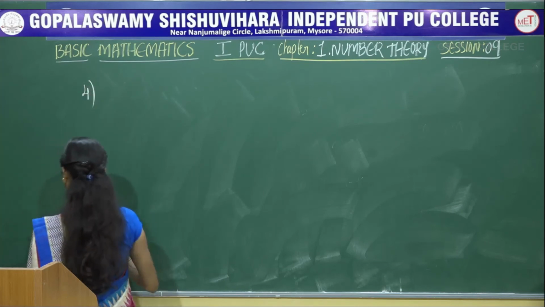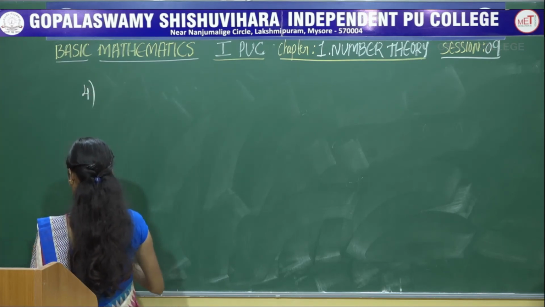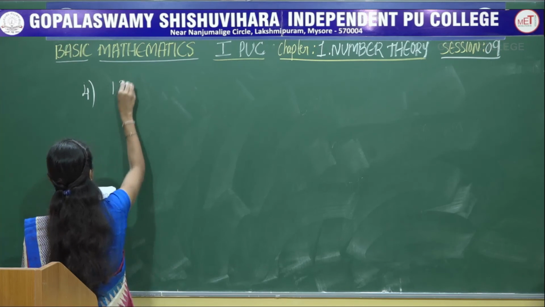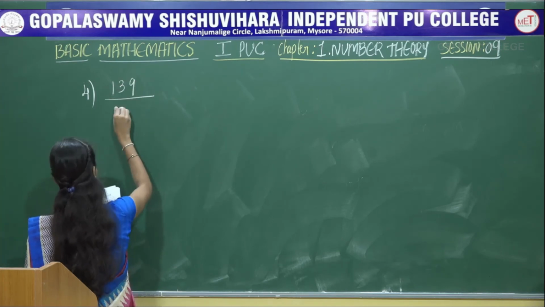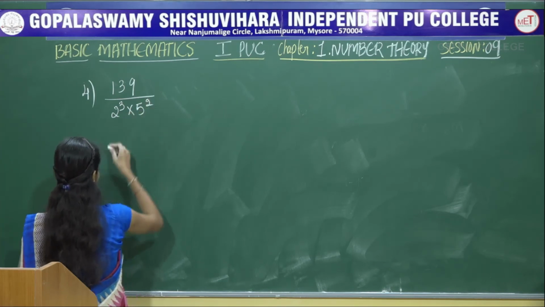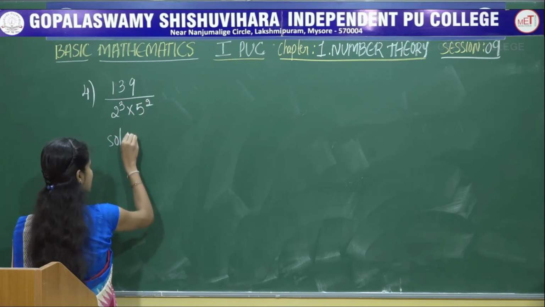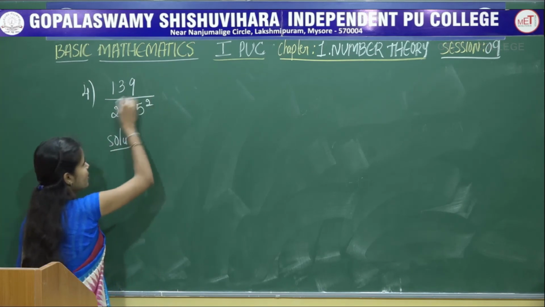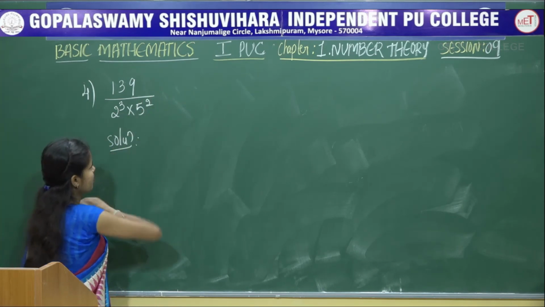Fourth one, 139 divided by 2 to the power of 3 into 5 square. Here observe, the denominator is already in canonical form.